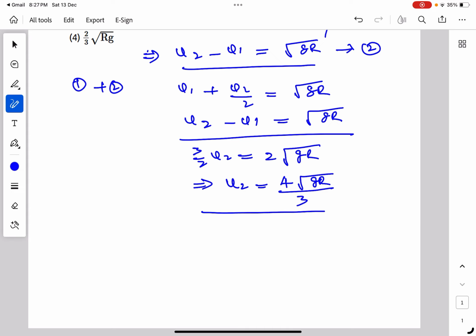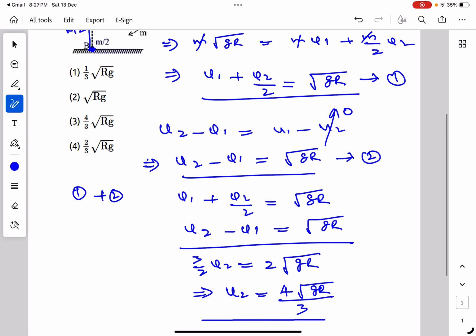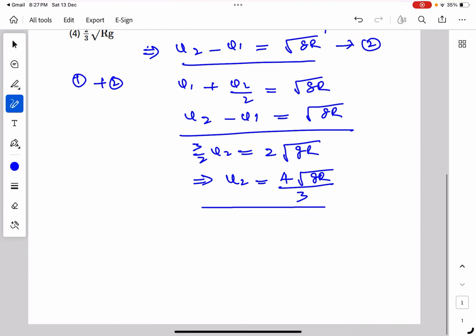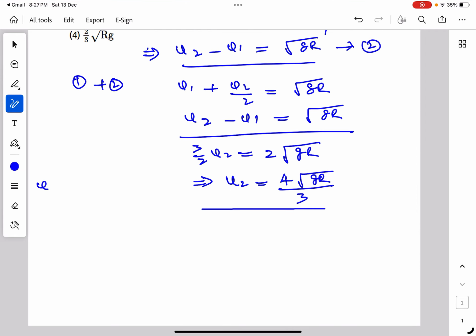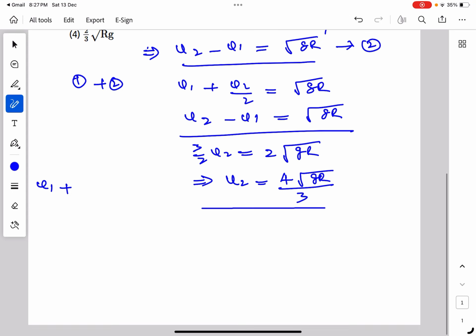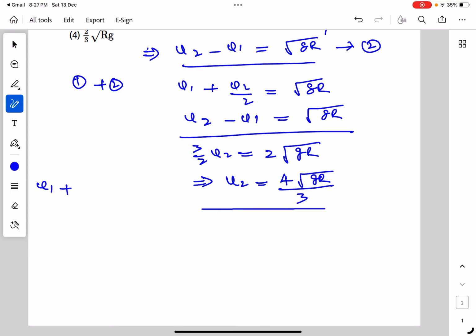Let us put value of v2 into equation number 1. So v1 plus v2 upon 2, this would be 2 by 3 root of gr, equal to root of gr.